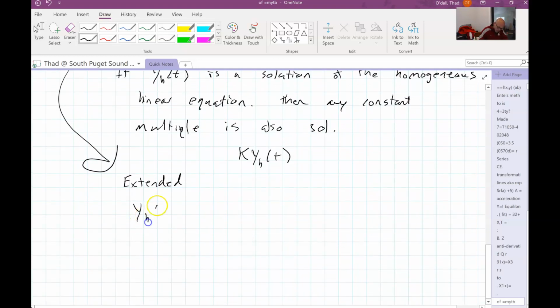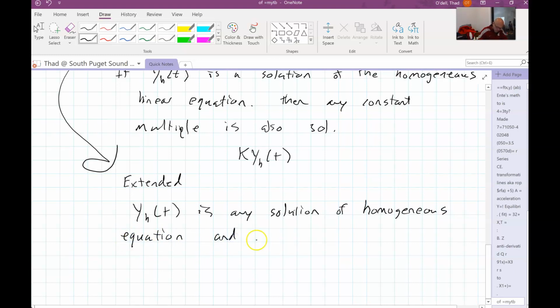So let's say that y sub h of t is any solution of the homogeneous equation, and y sub p of t is a solution of the non-homogeneous equation.